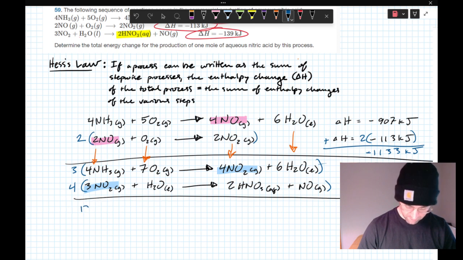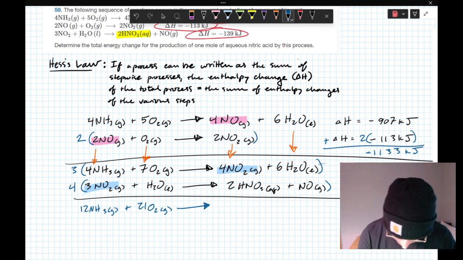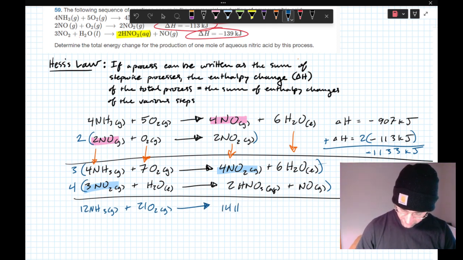We end up with 12 NH3 plus 21 total oxygen. Yes. Some of the waters cancel out, not all. We get 14 H2O on the right side, none left on the left side.